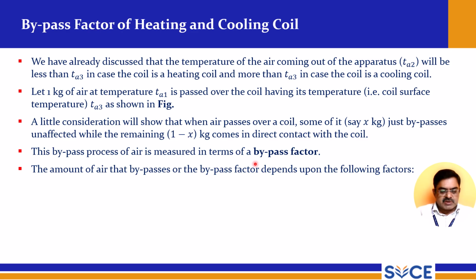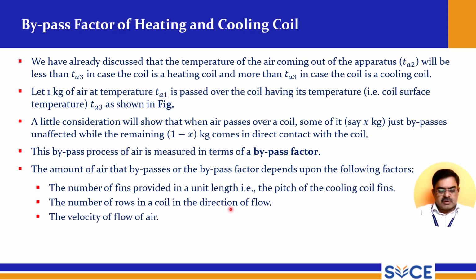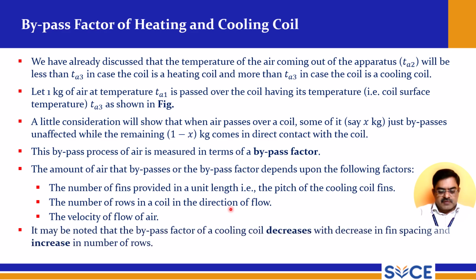The amount of air that bypasses, the bypass factor, depends upon the following factors: the number of fins provided in the unit length, that is the pitch of the cooling coil fins, the number of rows in a coil in the direction of flow, and the velocity of flow of air.